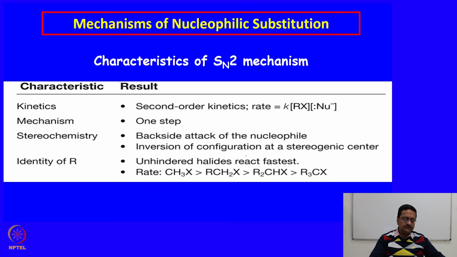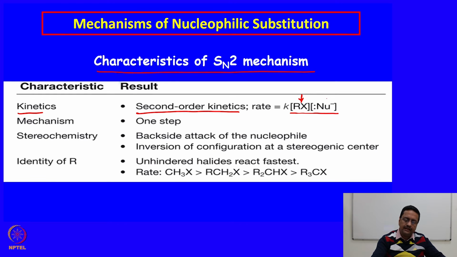So, what we learned from here is that the characteristics of the SN2 mechanism can be tabulated like this. The kinetics: it is a second order reaction where the rate is determined by the concentration of both alkyl halide and the nucleophile. The reaction mechanism happens in one step.